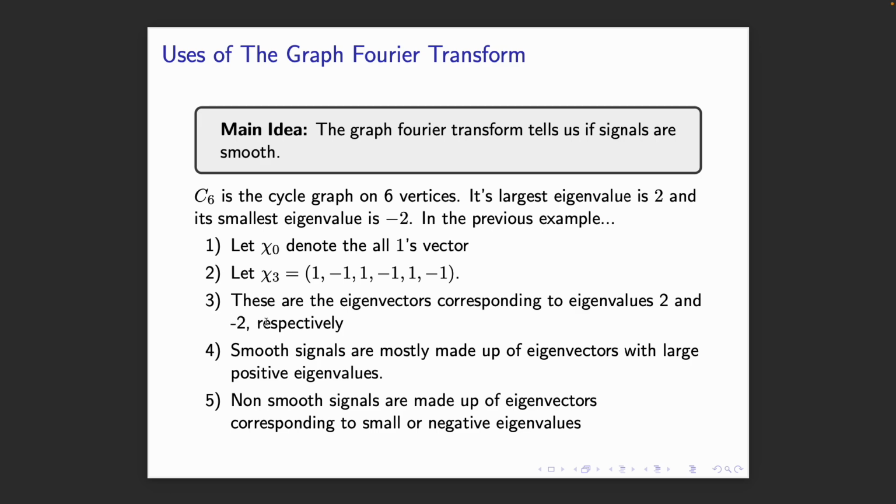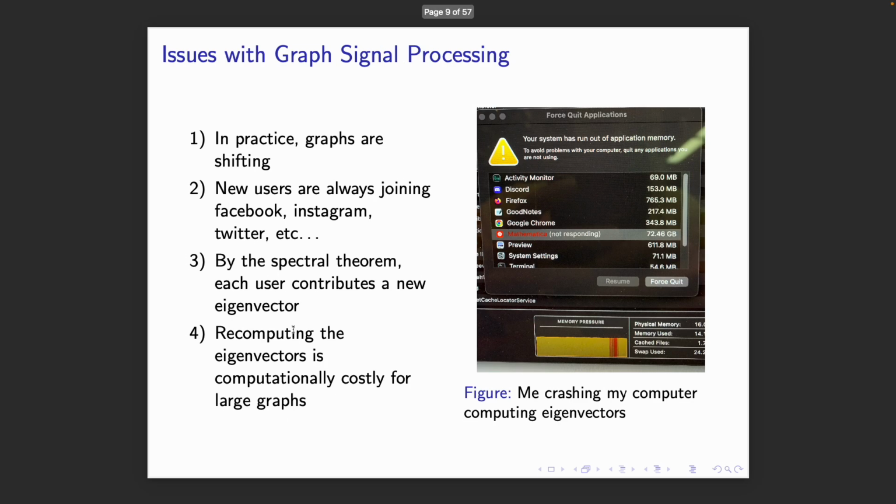So the idea is that if you project a smooth signal onto the eigenspaces of a graph, the largest components will lie along the directions of the eigenvectors corresponding to large positive eigenvalues.